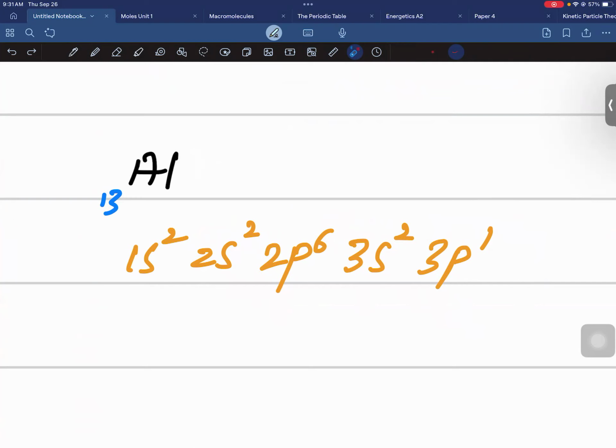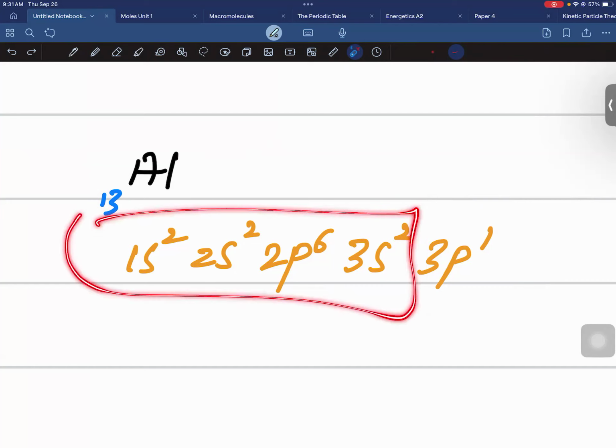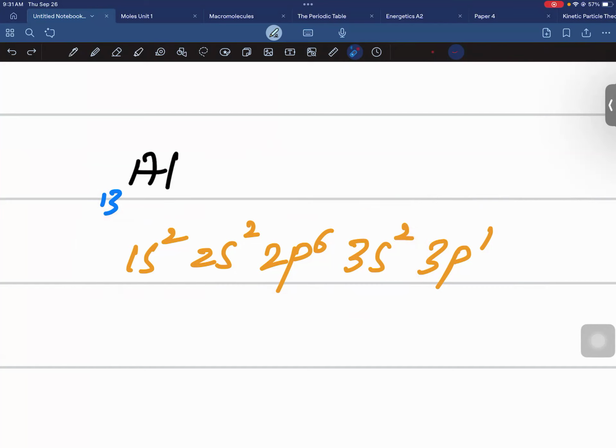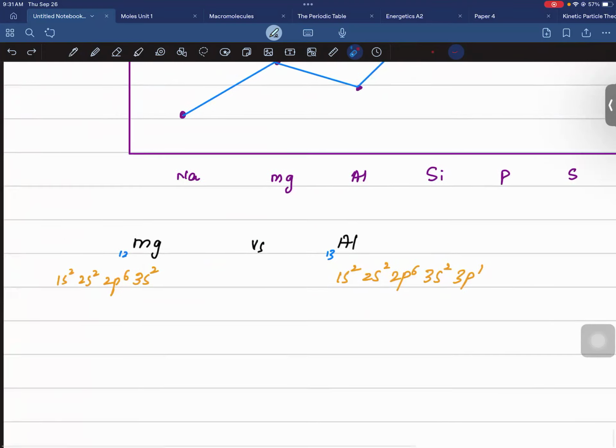Also, 3p1 is experiencing repulsion due to these electrons. In short, this 3p1 orbital is further away from the nucleus and more shielded due to these four orbitals, so it's loosely attracted. So less energy is required to remove its outer electron as compared to magnesium.